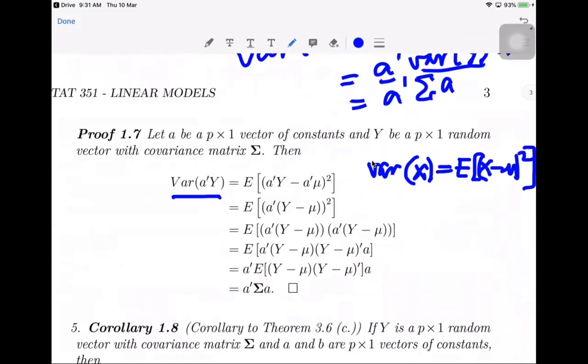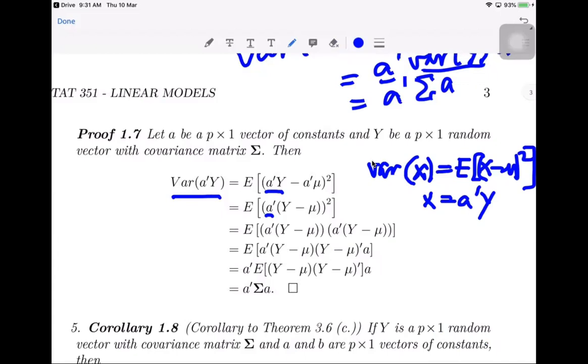So doing that with X equal to A prime Y, you will have A prime Y minus A prime mu, squared. And then the common factor is A prime. You can take it out of the parenthesis there and you have that.